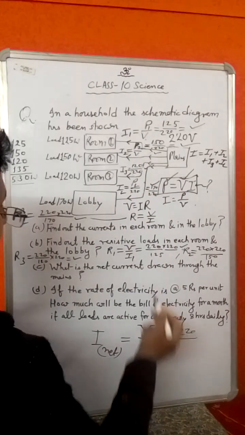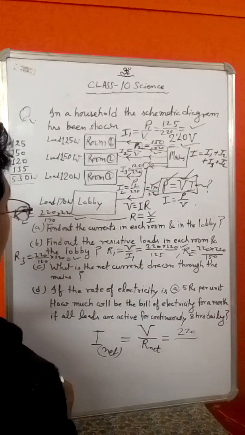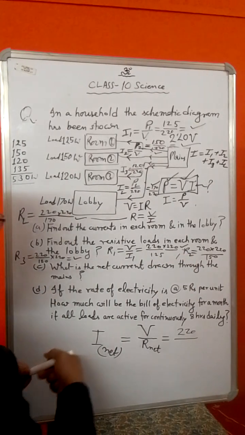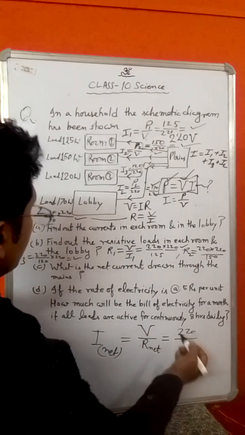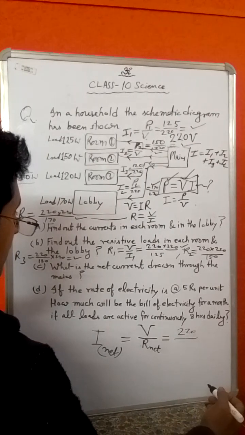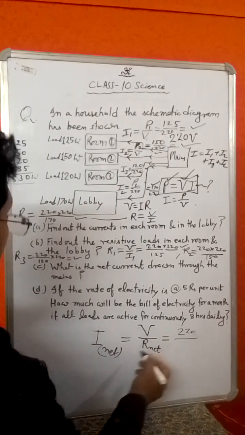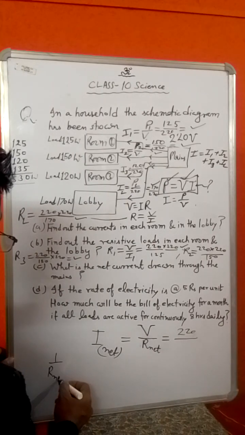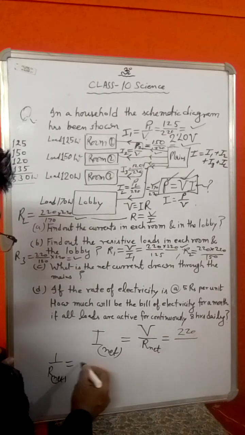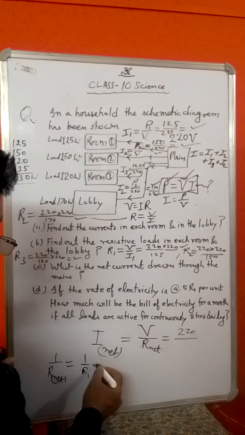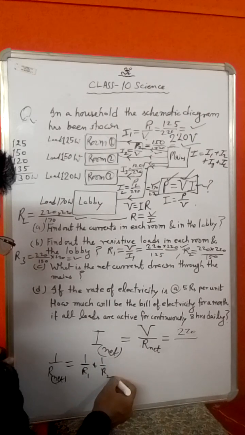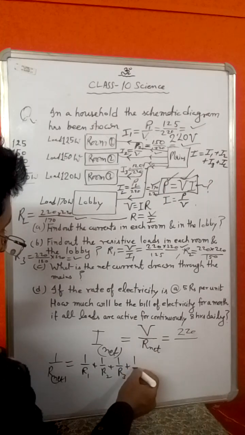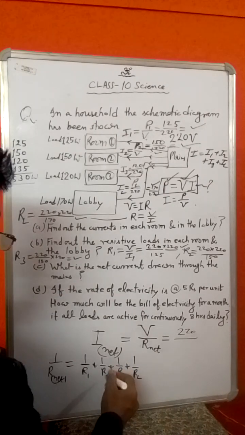Now the value of R net can be calculated from R1, R2 and R3, right? You need to just write down these in parallel combination, because R net is basically in parallel combination. So you can write 1 upon R1 plus 1 upon R2 plus 1 upon R3 plus 1 upon RL.